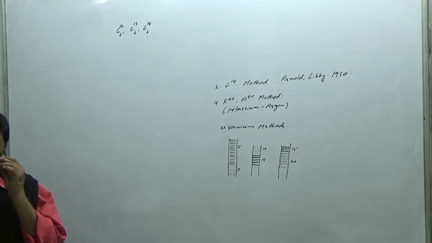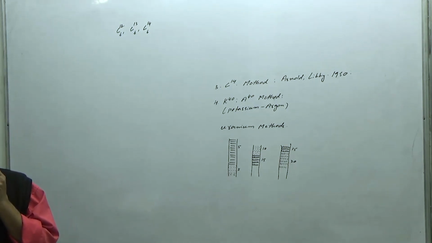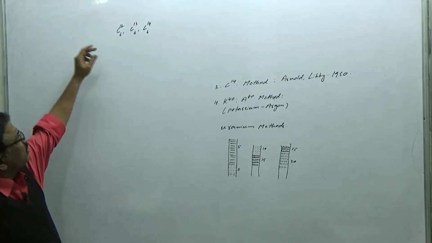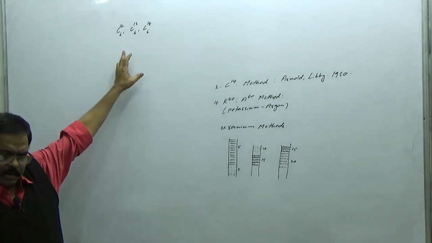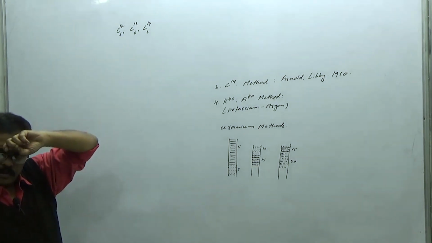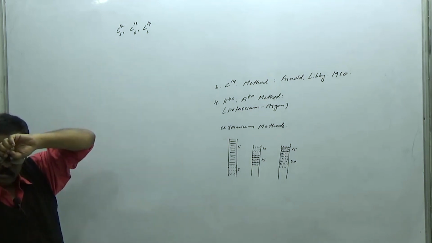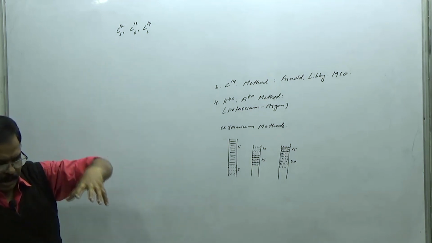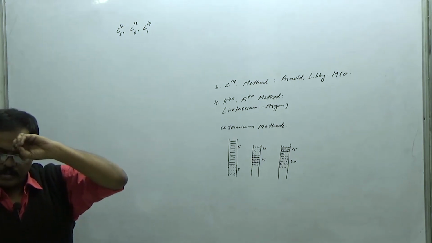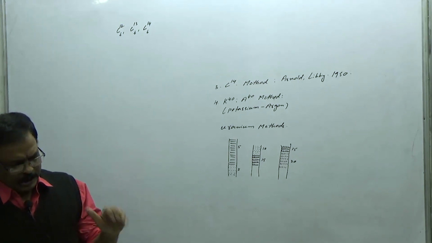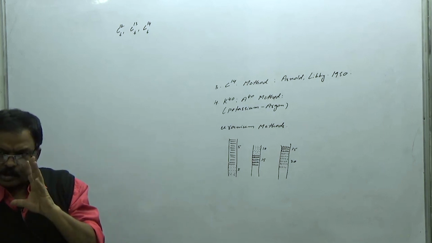The first two are more or less stable, but C14 is most unstable and radioactive. Then, how does this C14 enter into the atmosphere?